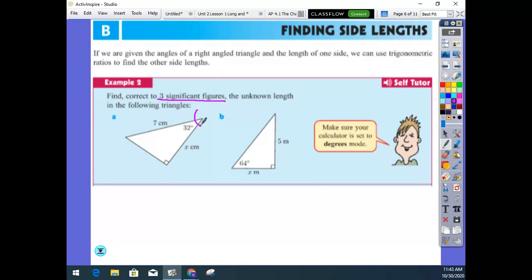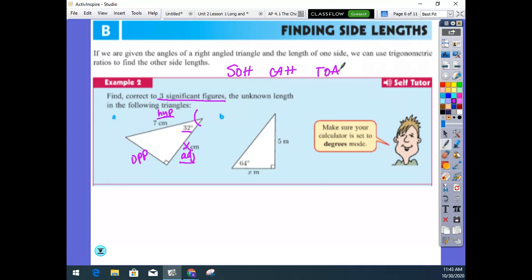Okay, here's my angle. Always mark your angle, because across from the angle is the opposite, across from the right angle is the hypotenuse, and this is my adjacent. We have 3 pieces involved: the angle, the adjacent, this is my variable, and my hypotenuse. So, SOH CAH TOA. Which one uses A and H?